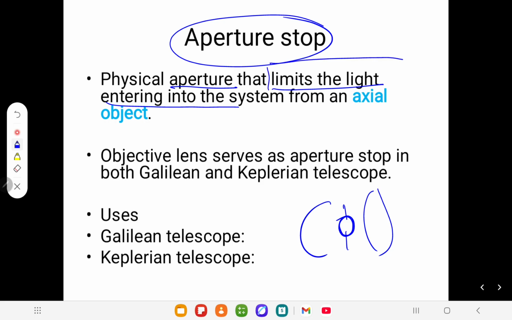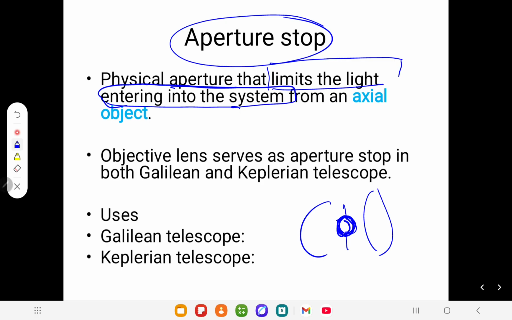The pupil actually limits the light entering the system of our eyes. That's why the pupil is actually the aperture stop. Okay, so that's what I am talking about. In the case of our eye, the aperture is this. I will tell you again when I talk about the exit pupil and entrance pupil.